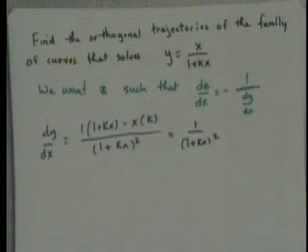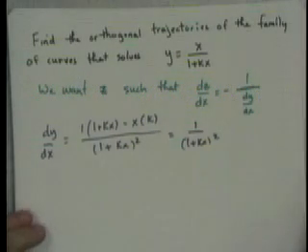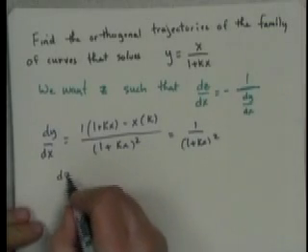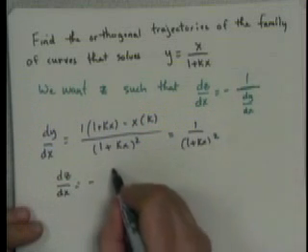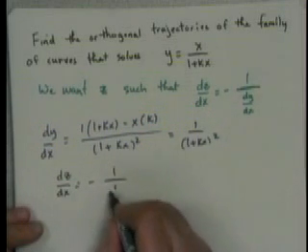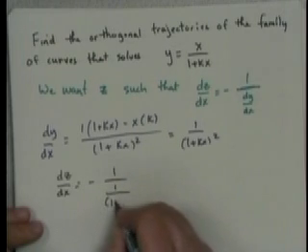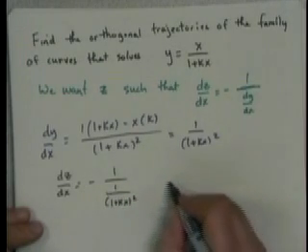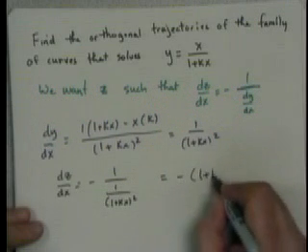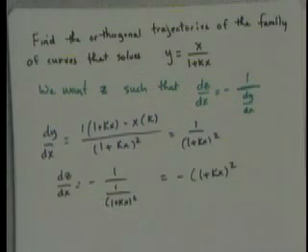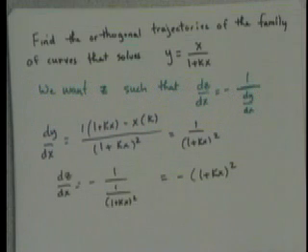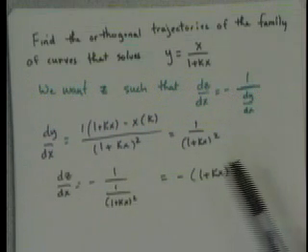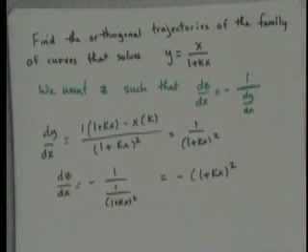Okay, so that means my differential equation for z is the negative reciprocal of that. So when you take 1 over 1 plus kx quantity squared, I just get negative 1 plus kx quantity squared.